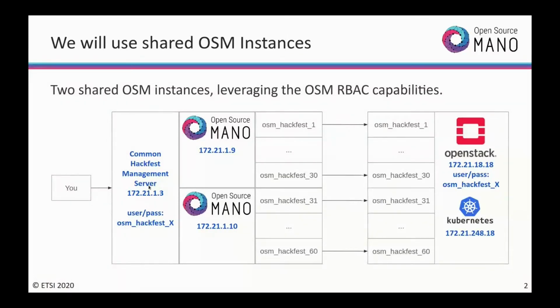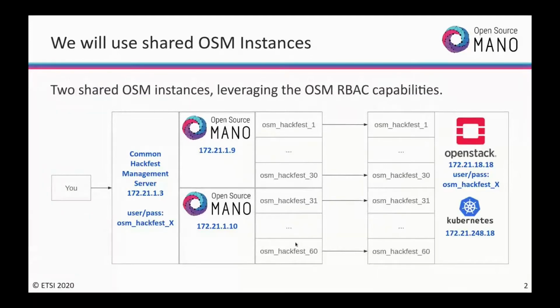Once you're in here, you're going to have environment variables set for you already. You're going to be able to talk with one of two open source MANOs, either .9 or .10, depending upon what participant ID you end up picking.